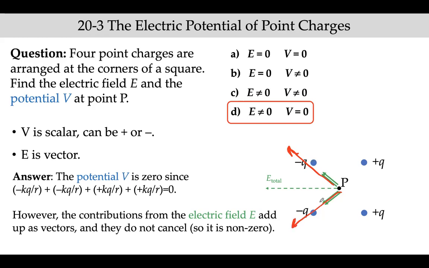If you add these two as well, then the total electric field will be in this direction, something like this. So the electric field is not zero, but the potential is zero at point P.